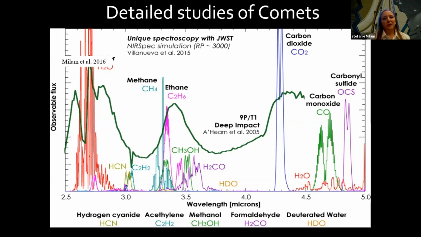This spectrometer, while it was fantastic operating across the full near infrared, had a very limited spectral resolution of only about 100. And with that, you get this water band at the 2 to 3 micron region, the carbon monoxide/carbon dioxide band around 4 to 4.5 microns, and then the so-called organics band around 3.5 microns.